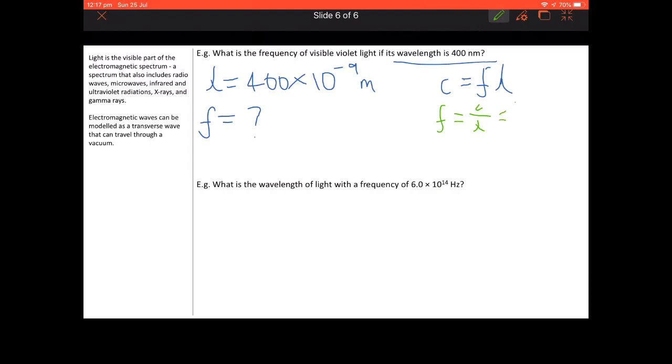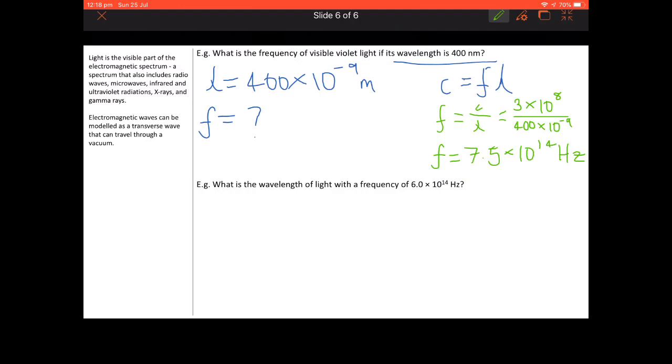This will be equal to 3 by 10 to the 8 meters per second divided by 400 by 10 to the -9. If you pop this into your calculator, you'll end up with a frequency of 7.5 by 10 to the 14 hertz. So that is the frequency of visible violet light if its wavelength is 400 nanometers.